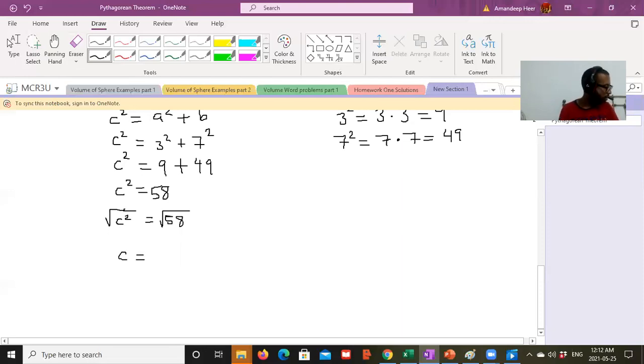If you calculate in your calculator, the square root of 58 is 7.615773106. Now we want to round to the nearest tenth, so it's approximately 7.6. Since we're approximating the answer, we put a dot above the equal sign. This refers to approximate.